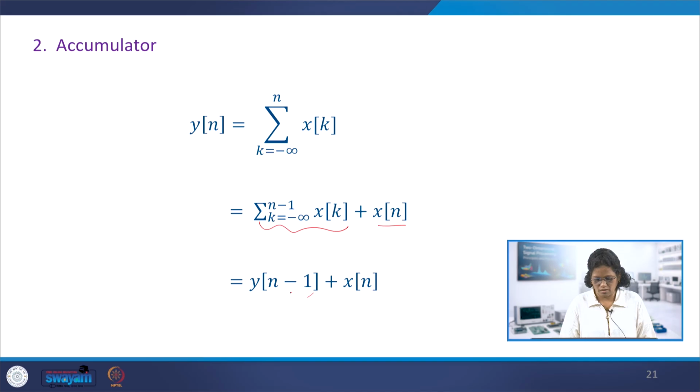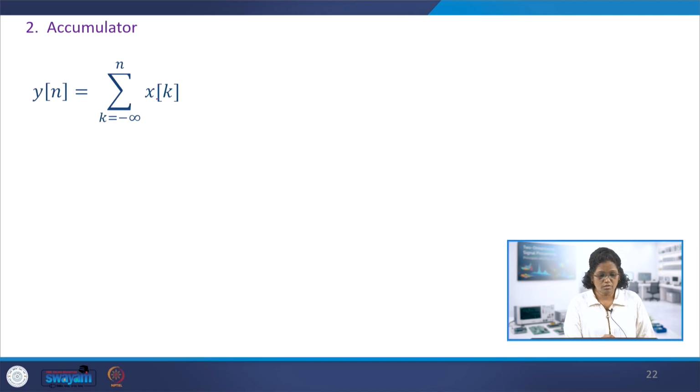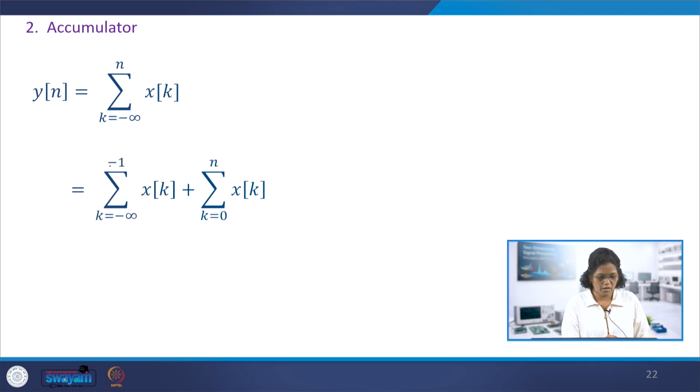So this is also an accumulator system. X of n is added with the past input values, and the same accumulator can be represented in another way as well. So instead of having it from minus infinity to n minus 1, this is minus infinity to minus 1, take all input x of k, and then from 0 to n we take it as a separate summation. So this can be a constant value, minus infinity to minus 1, this is constant.